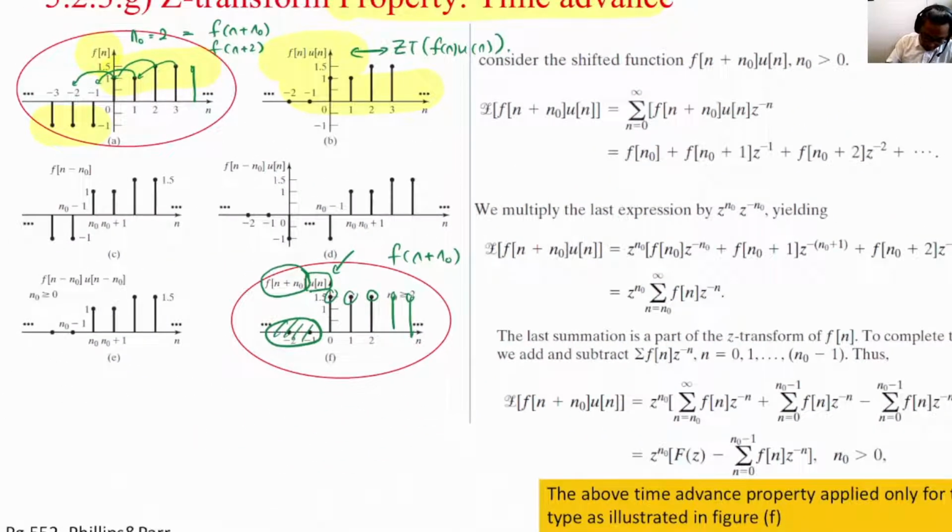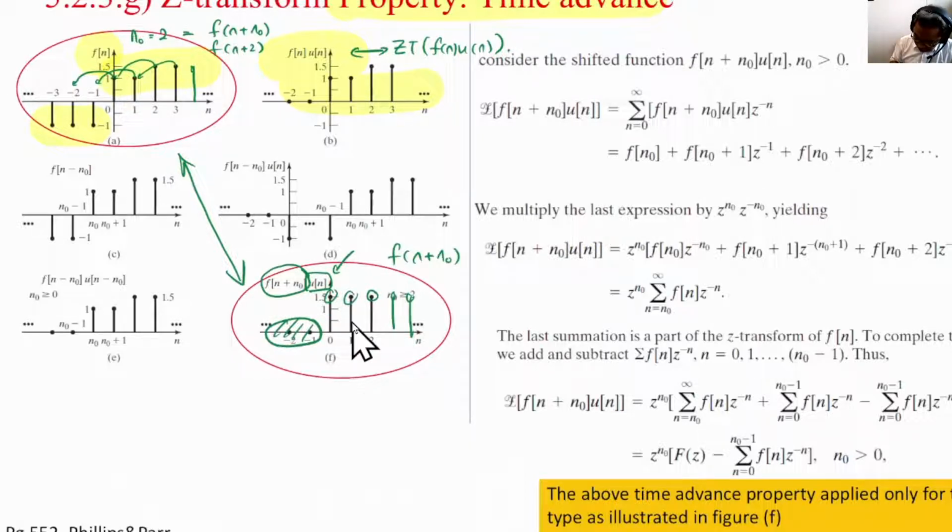We want to compare the two Z transforms. If we have already done a lot of work for the Z transform of f[n], can we still make use of it for this signal since it is only a time advanced version? Yes, we can.